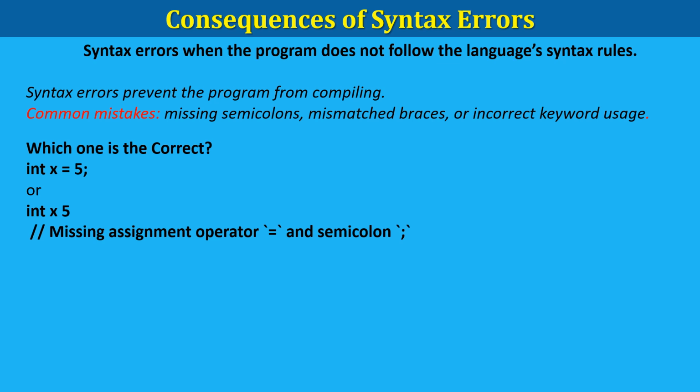The correct example uses the int keyword, declares the variable x, assigns it the value 5, and ends the line with a semicolon. The incorrect one is missing the assignment operator and the semicolon.